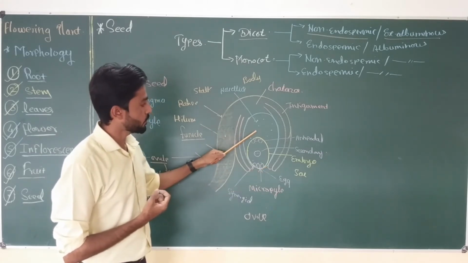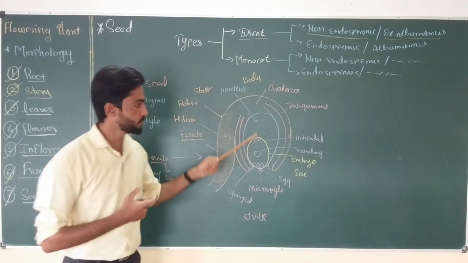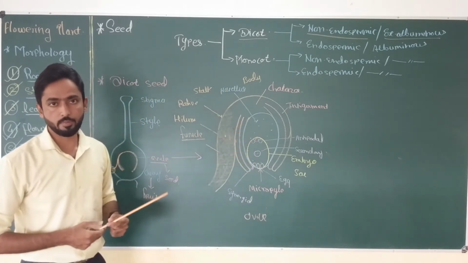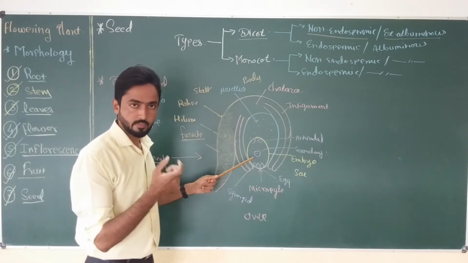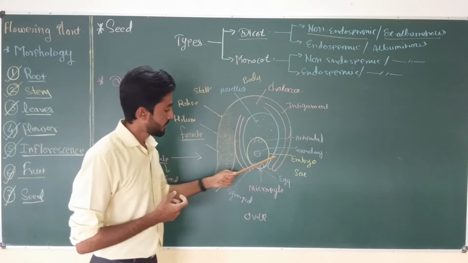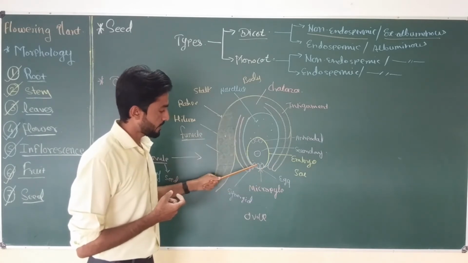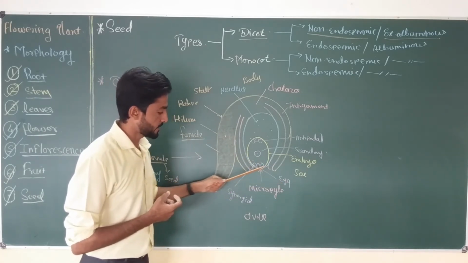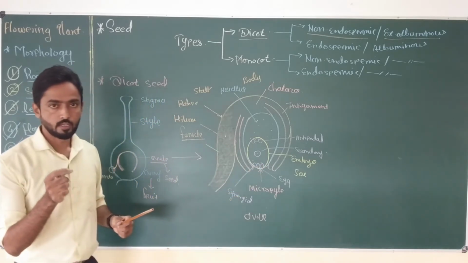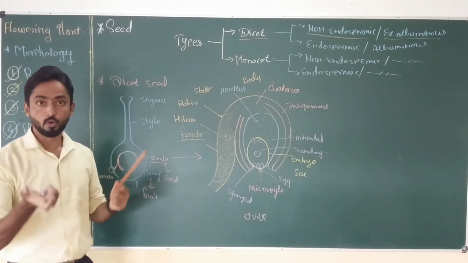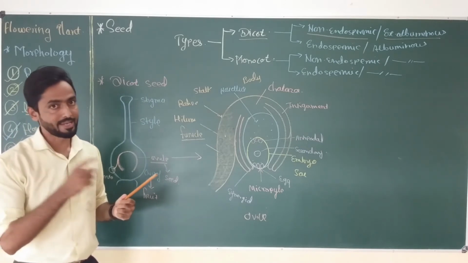Then inside the integument, nucellus or bulky tissue is present, which is nothing but parenchymatous cells, and inside the nucellus a sac of different cells is present called the embryo sac. In the embryo sac, at the micropylar end, the egg cell and 2 synergid cells are present. Now this egg cell is a haploid cell which will produce the embryo after fertilization with the male gamete.